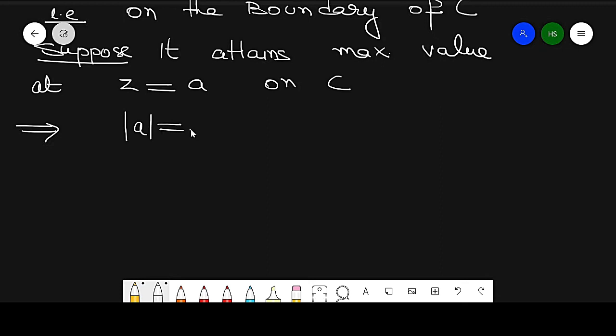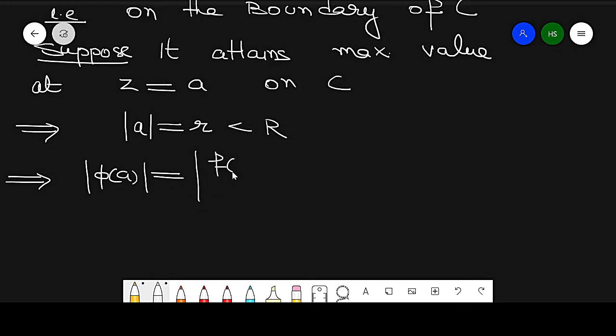What is that? This is r, which is less than capital R, because small r is less than capital R. So we get these values. So it implies modulus of phi A is equal to modulus of, just substitute the value of z over A, these values.